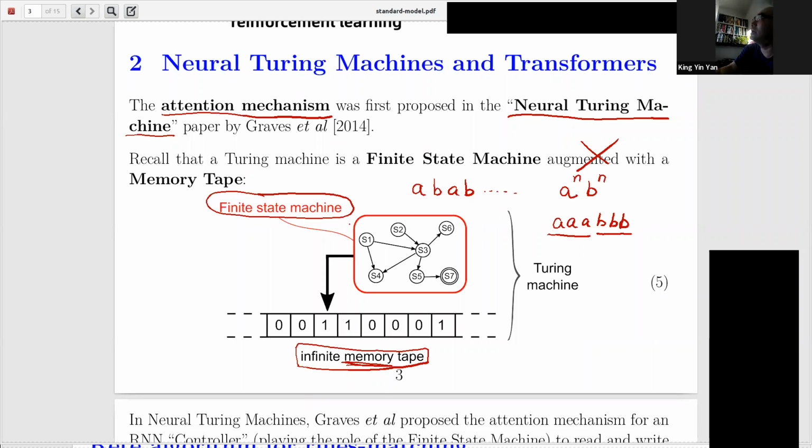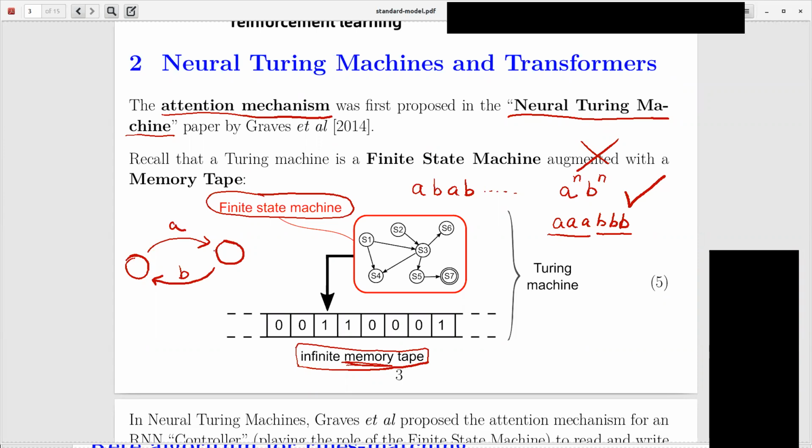But if it has the memory tape, then it can record how many times I've seen the letter A and how many times I've seen the letter B. And therefore this is recognizable by a Turing machine. You understand why? For example, in the finite state machine, if I see the letter A, I go to this state, and if I see the letter B, I go to this other state.